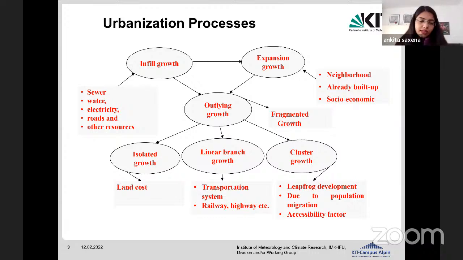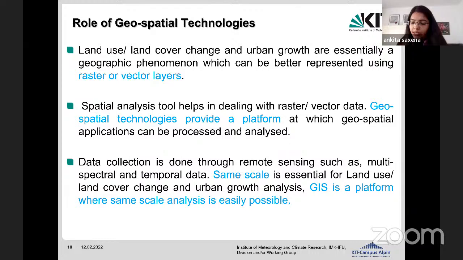So this is the way of expanding urbanization, but how and where it happens is a very complex thing, because it involves so many human decisions: how humans think, how a human decides to construct his house, and what the explanatory variables are which drive urbanization to grow further, maybe horizontally or vertically.